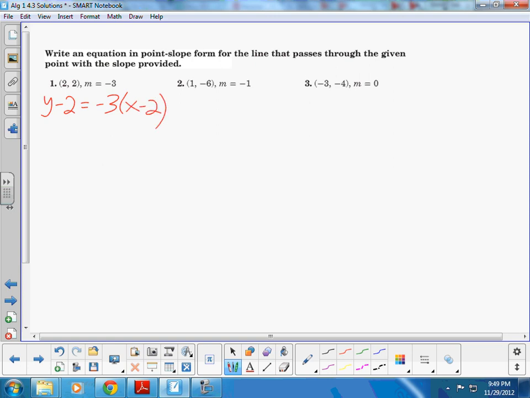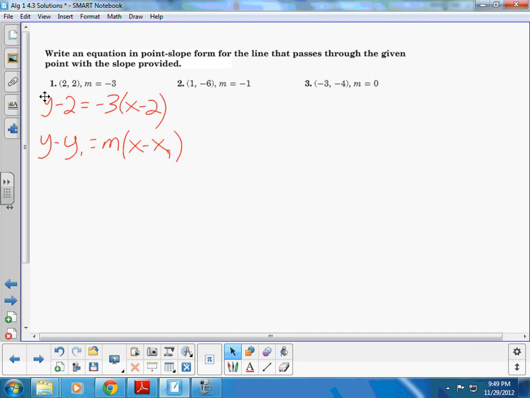Remember, we use y minus y1 is equal to the slope times the quantity x minus x1. We substituted the values in. Our y1 is 2, our x1 is 2, and our slope is a negative 3.